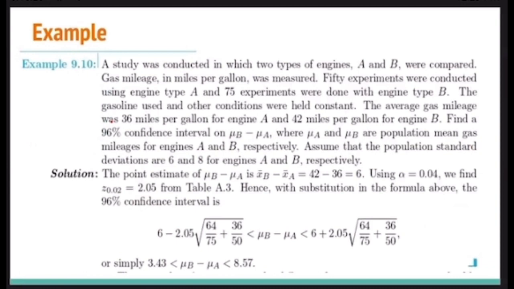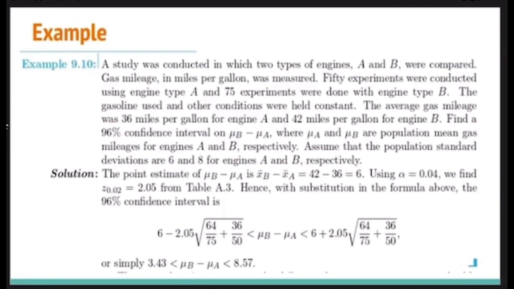Gas mileage in miles per gallon was measured. 50 experiments were conducted using engine type A, and 75 experiments were done with engine type B. The gasoline use and other conditions were held constant. The average gas mileage was 36 miles per gallon for engine A and 42 miles per gallon for engine B. Now you are asked to find a 96% confidence interval on mu A minus mu B.